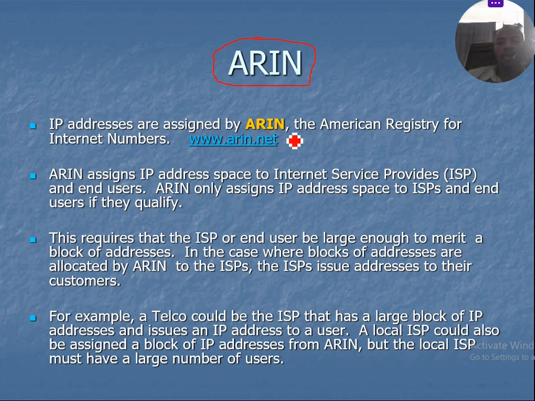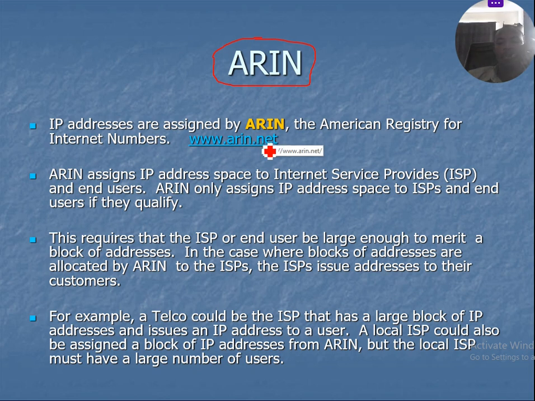This is the organization that assigns IP addresses to internet service providers and to end users who have large organizations. If you want to know more about ARIN, you click their webpage, their domain, www.arin.net. Once you click it, you get more information regarding their job functions, what they do, how they do their job.